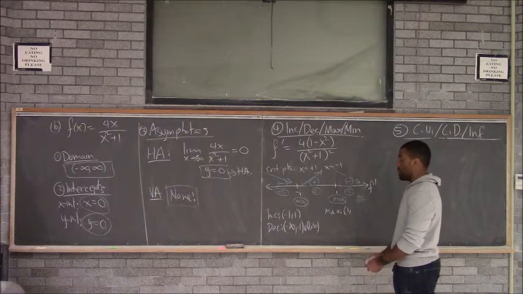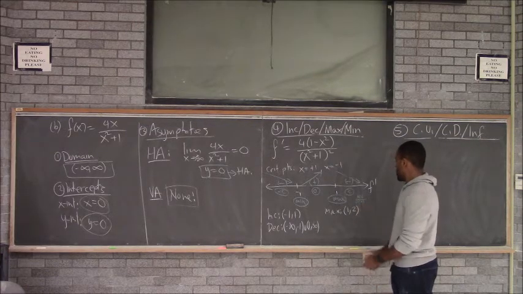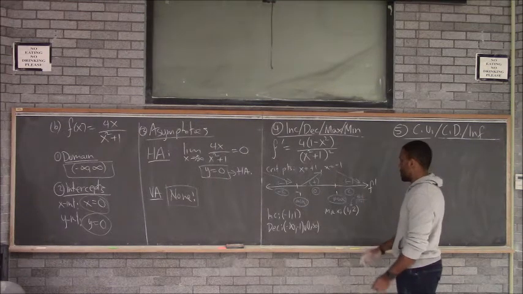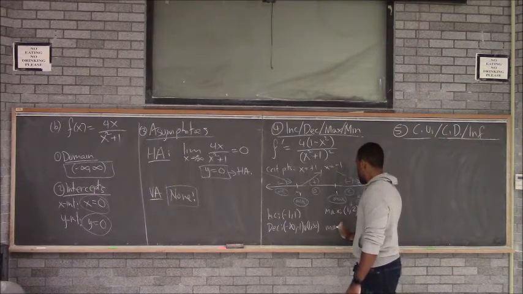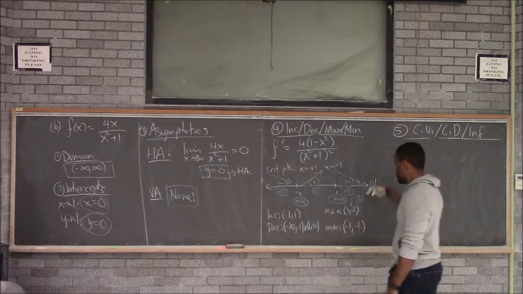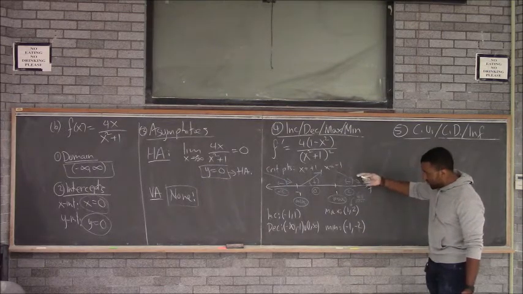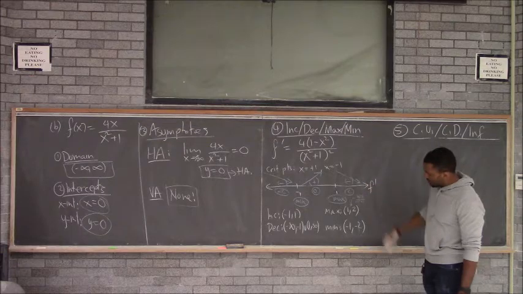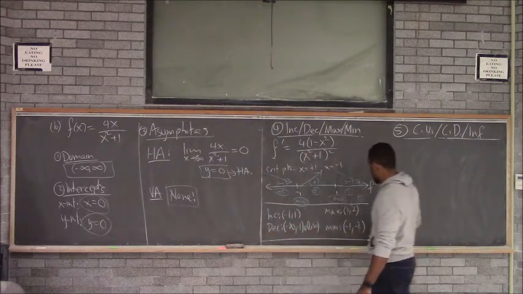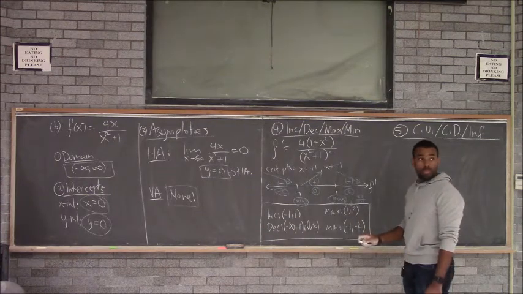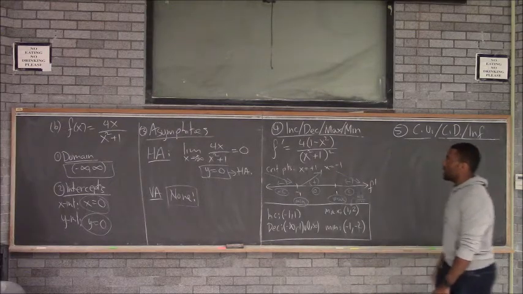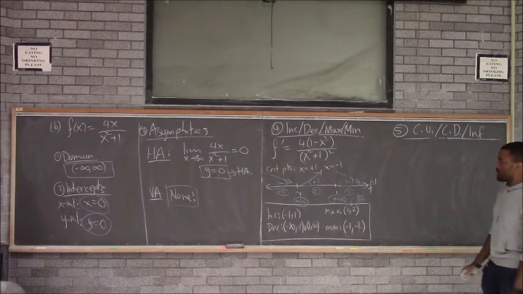That's 4 divided by 2, so that's 2. Go to the original to find the coordinate. Minimum, minus 1, minus 2. Right, because you're just putting minus 1 here. The denominator will still give you positive 2, but the numerator is going to be negative 4. So those are the situation for increasing, decreasing, max, and min.